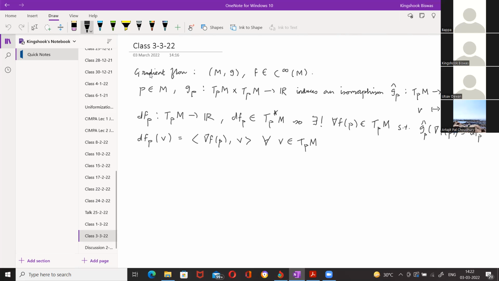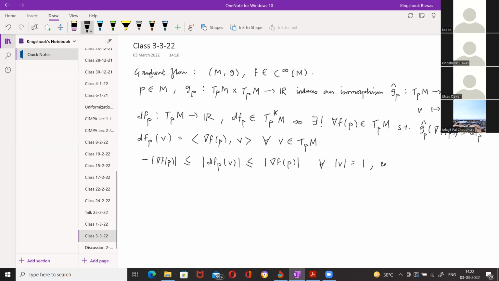Here what will happen is that, suppose v is a unit vector, then |df_p(v)| is less than or equal to the norm of grad f at p, that is, it is between minus norm grad f at p and norm grad f at p, for all unit vectors v.